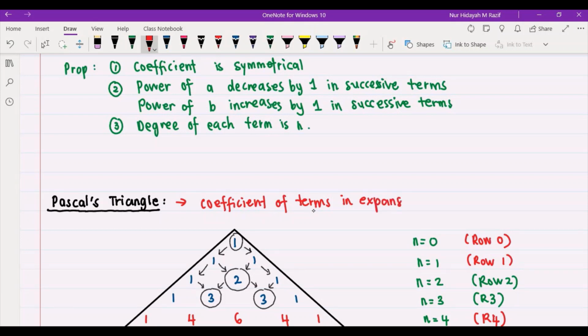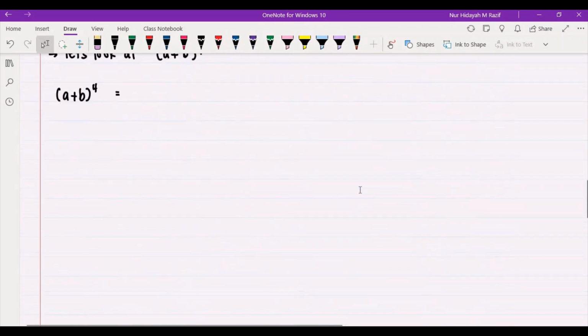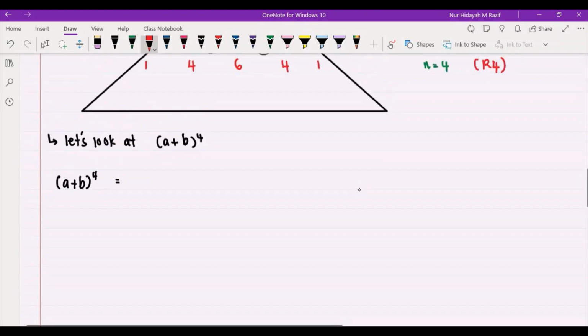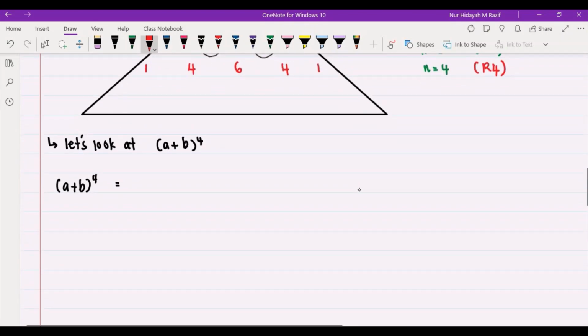And then we can also use the properties that I have written here to determine our solution. So how do I start? A plus b raised to the power of 4. Now let's take a look at row 4 here. I know that my coefficients will be 1, 4, 6, 4, 1. And again, that one is symmetrical. So I just write 1, 4, 6, 4, and 1.